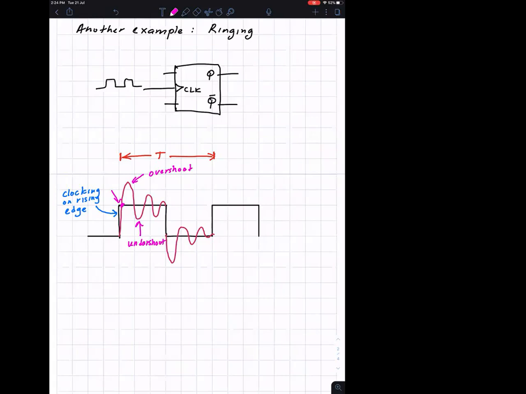Now, because of this undershoot, there's going to be some kind of ringing. And the signal will go up again, then it's going to create another rising edge. So that's going to be a double clocking here. You clock twice in one period.